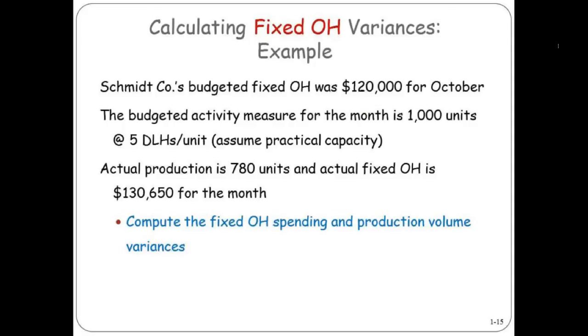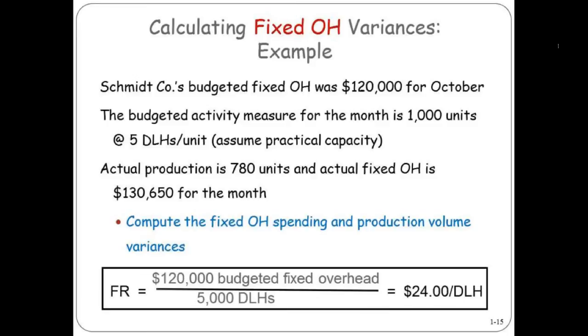They budgeted at $120,000. They budgeted activity for the month of 1,000 units, 5 direct labor hours per unit. Now we'll compute the variances. First thing you have to do is identify the cost per direct labor hour.